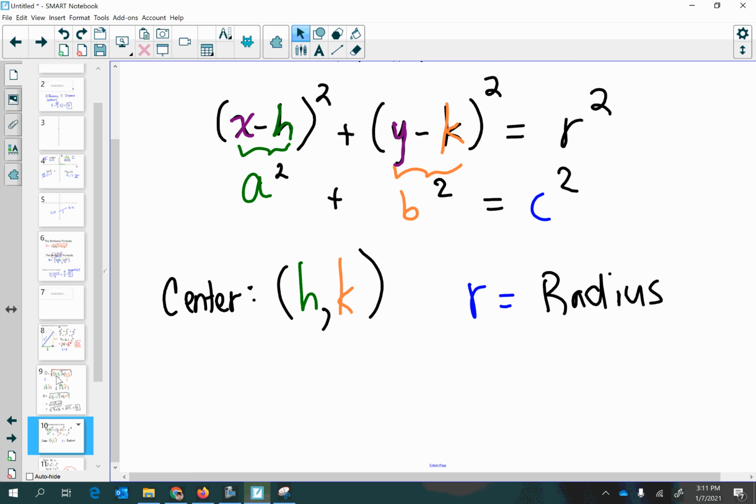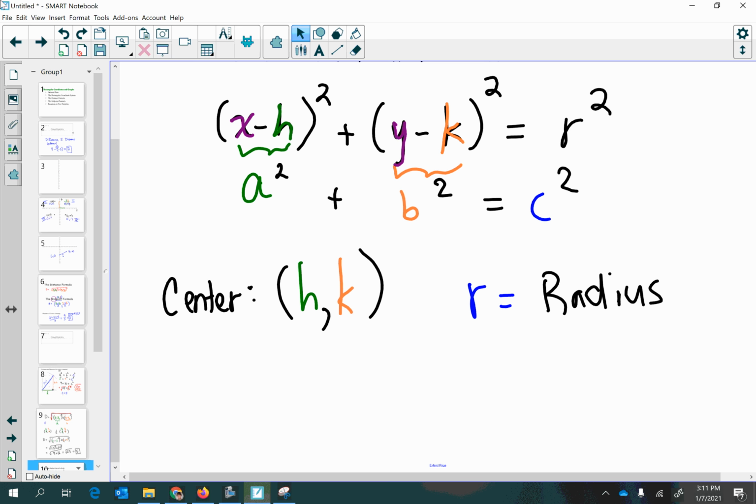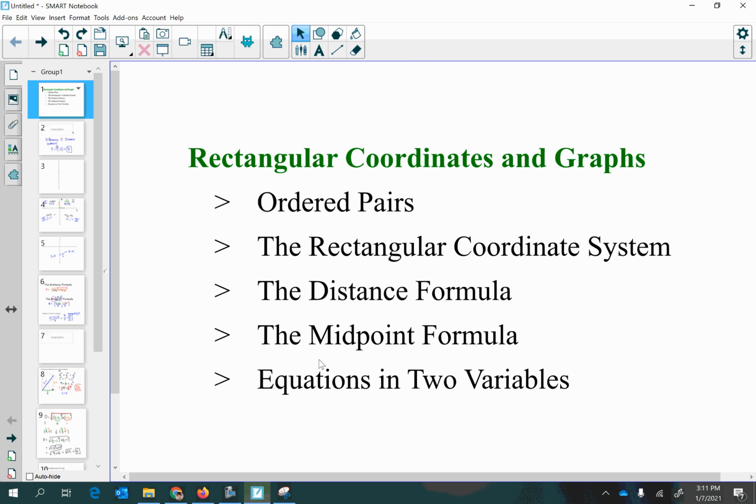And as I said earlier, all these concepts are going to be very useful to you in other areas in the course. So what we talked about in this lesson, we started off with ordered pairs and the rectangular coordinate system, which is the graphing plane. Then we talked about the distance formula and the midpoint formula. We didn't get into the midpoint formula in as much depth, but we did talk about the fact that it is the average of both the x values and the average of the y values. Add them together and divide by 2. And then what about equations in 2 variables?